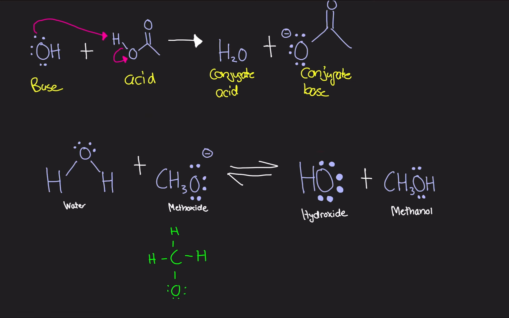This must mean it's the acid, because the acid donates the proton. Acidic molecules give away their protons. So we're losing a proton, so we're acidic. So this is acid. It's an acidic molecule. And by default, this must make the other molecule basic. So this is the basic.